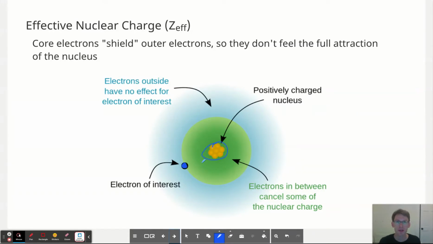They'll be attracted to each other according to Coulomb's law, except, well, there will be core electrons in between the electron that we're considering and the nucleus. And those core electrons will be shielding the valence electron from the nucleus. They'll be lessening the attraction of the nucleus to the outermost electron just by getting in the way.